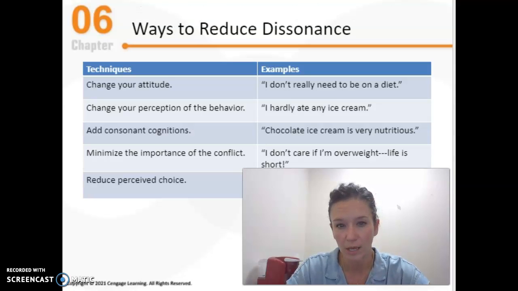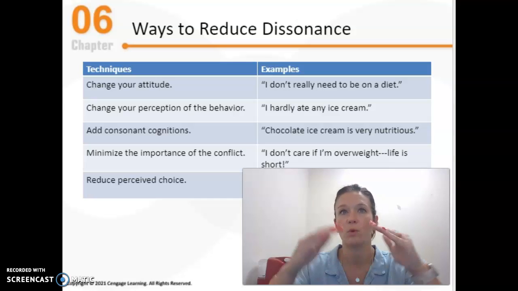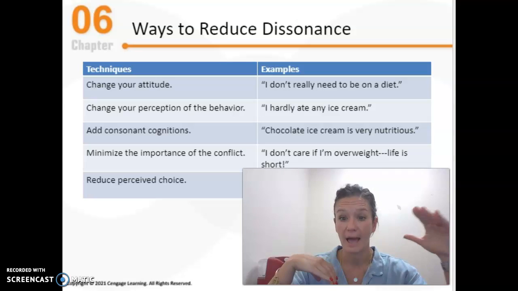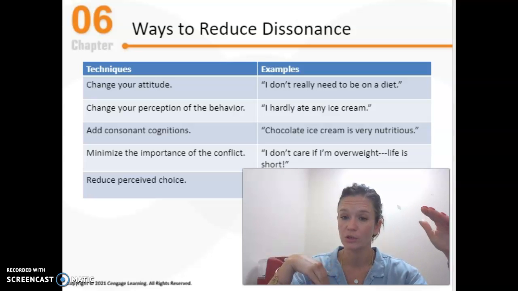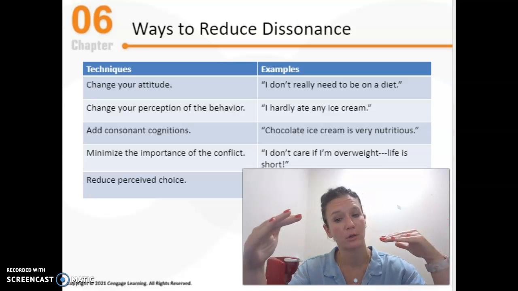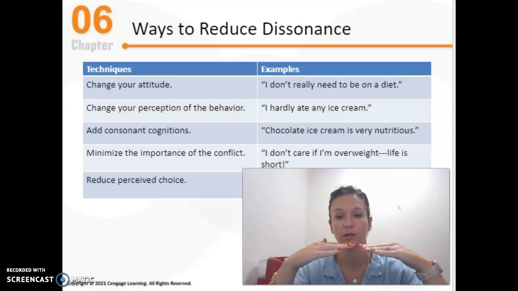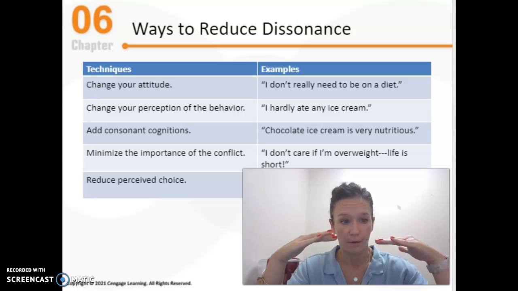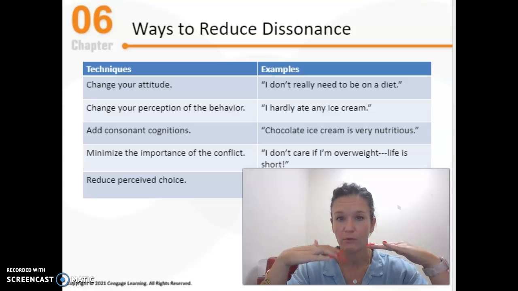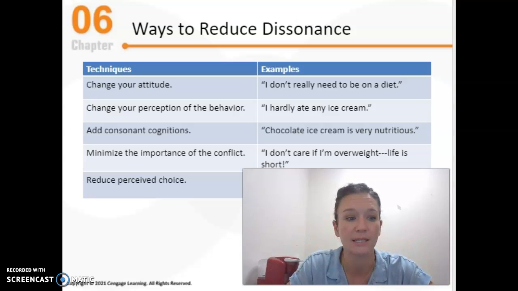Slide 43 right here, I recommend that you take a look at it. It gives the 5 different things that you can do, and that is just ways to reduce dissonance. So again, dissonance is when we are at odds between our attitudes, what we feel like we should be doing, and our behavior, what we're actually doing. We all want to be at peace within ourselves. So 43 goes over ways to reduce dissonance.